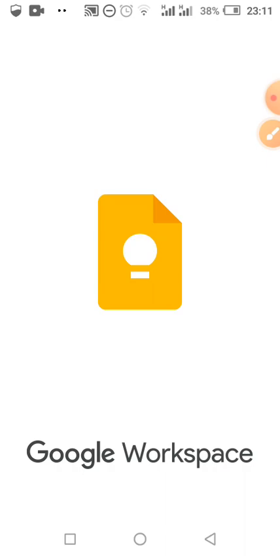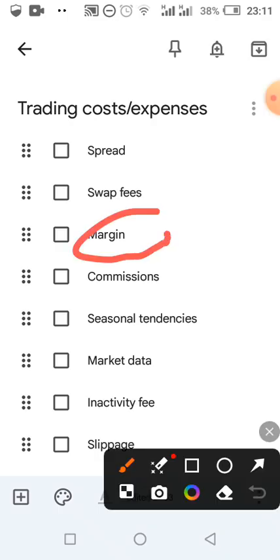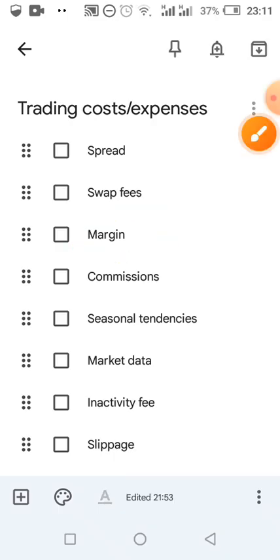Then the next trading cost you will have in trading is margin. Okay, margin, remember, we trade on margin.